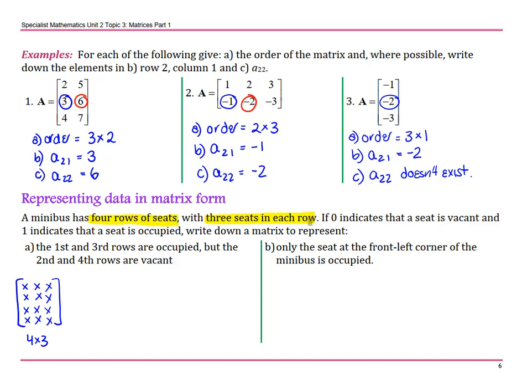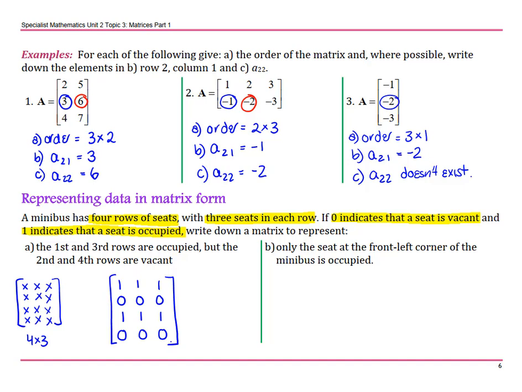If 0 indicates that a seat is vacant and 1 indicates that a seat is occupied, write down a matrix to represent it. We have the first and third rows occupied. So we're going to have 1s in our first row, 0s in our second row, 1s in our third, and then 0s for vacant, with square brackets around the matrix.